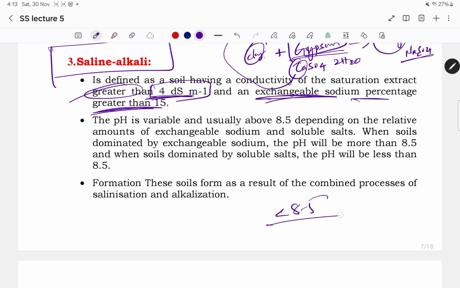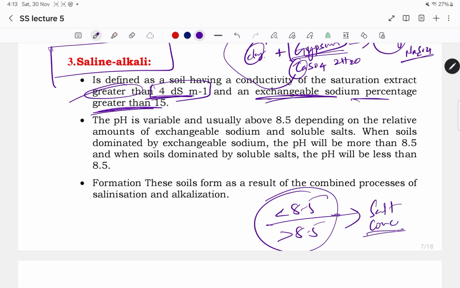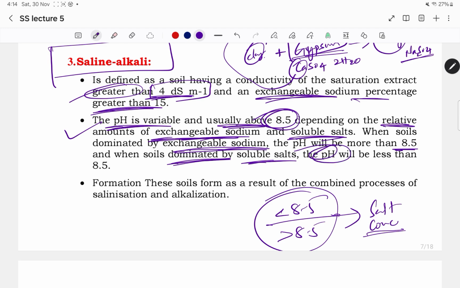It can be less than 8.5 or more than 8.5, depending on the salt concentration. The pH is variable and usually above 8.5. When the soil is dominated by the exchangeable sodium, the pH will be more than 8.5. When the soil is dominated by the soluble salt, the pH will be less than 8.5.